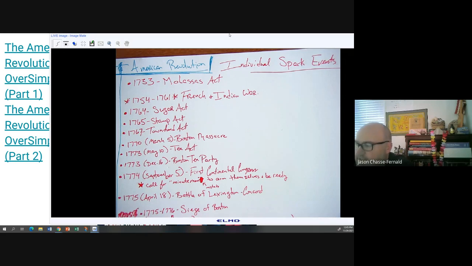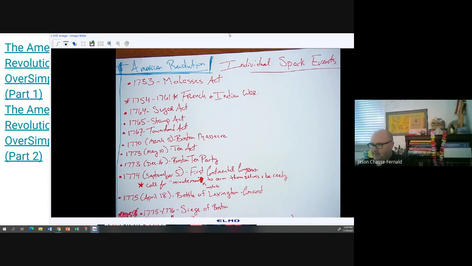I don't give you the responses to these, but there's a response to every one of those. Then we see the Boston Massacre, which raises the question of why there are British troops even in the city of Boston. Because of the responses to those various acts. We see the Tea Act, and we see another colonial response.